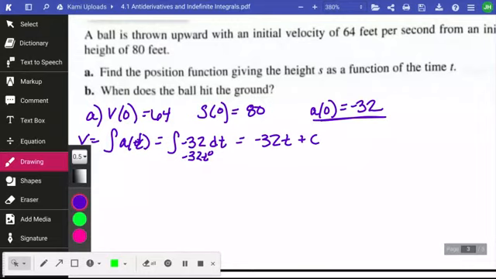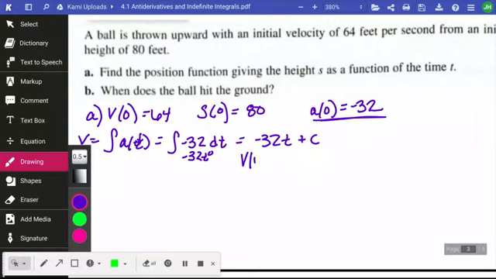Now I need to go find c, because I don't want to antiderive it here, because then I'm going to have multiple c's in one problem. But I do have a situation where I can find c, because I have V naught, or depending on your calculus classes, they'll call it the initial condition.